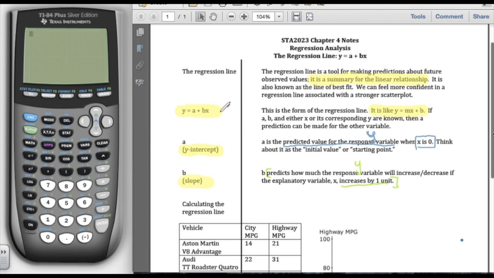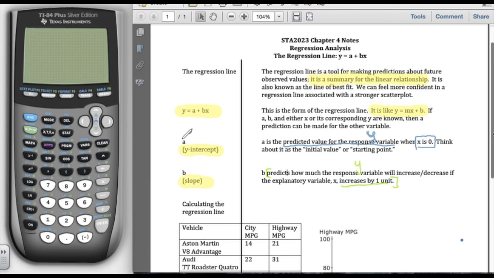That b is how much the y should go up or down as the x goes up by 1. And it's always as the x is going up by 1 in the cases that we're going to see. If b is positive, it's increasing. Should be a positive trend in your scatter plot. And if b is negative, it should be a decreasing scatter plot, should be a negative trend.